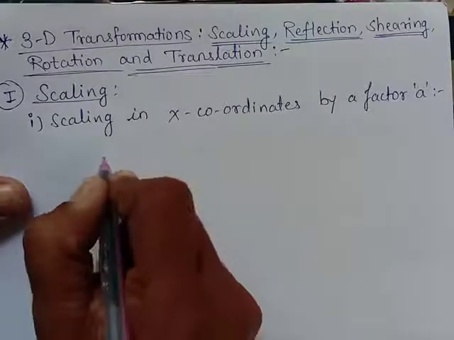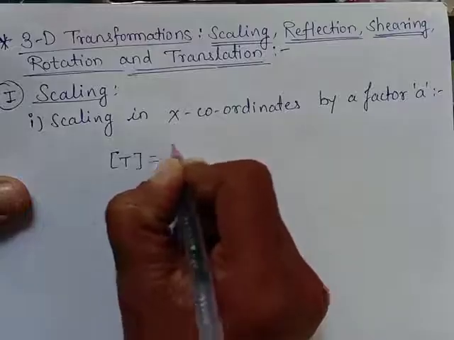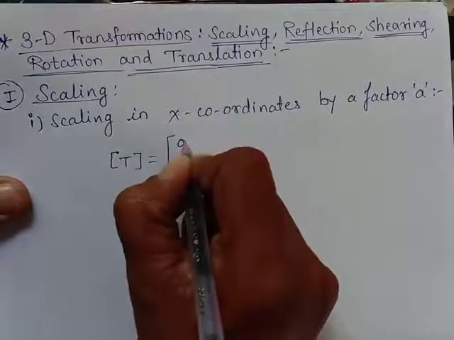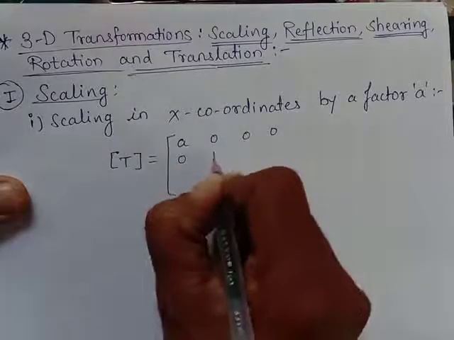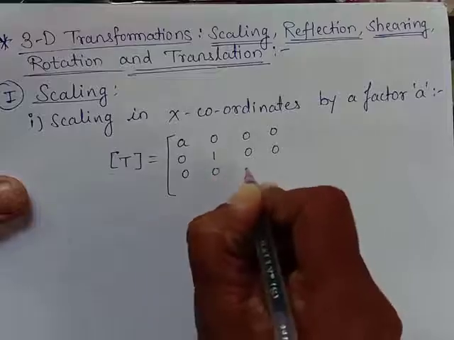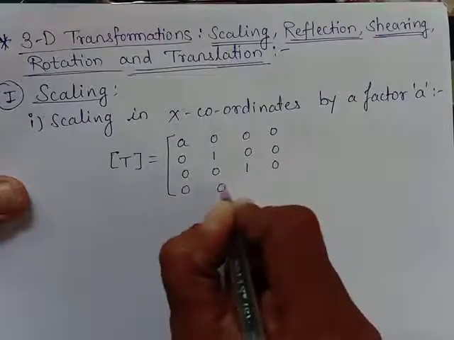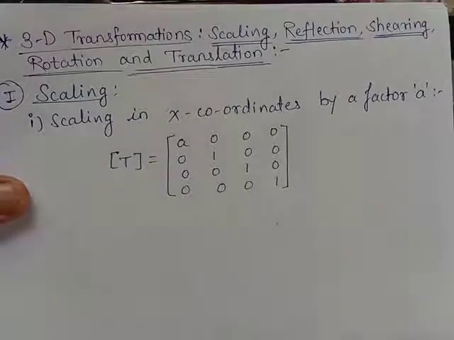Therefore, what is T in that case? T will be a 0 0 0, 0 1 0 0, 0 0 1 0, 0 0 0 1. This is the transformation matrix for that.